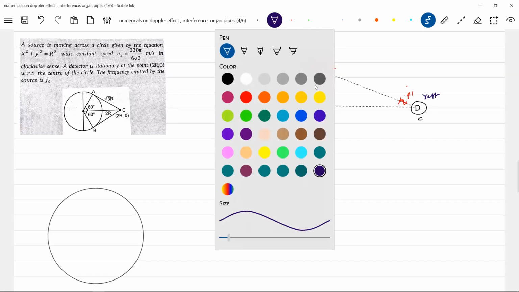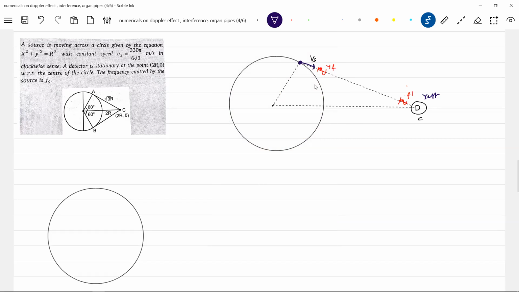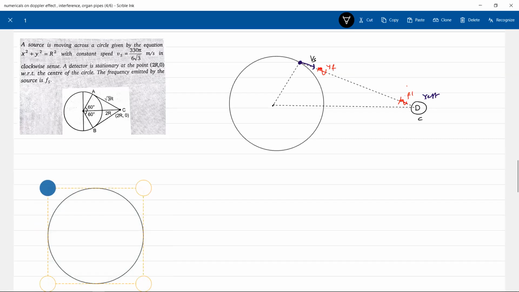Okay, this is some basic condition. Similarly, what happens when the source is receding away?